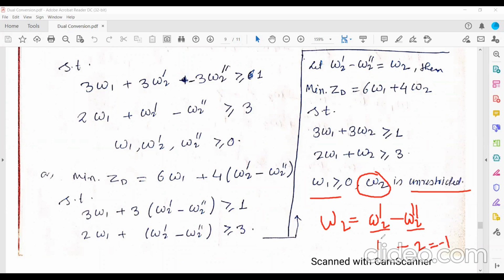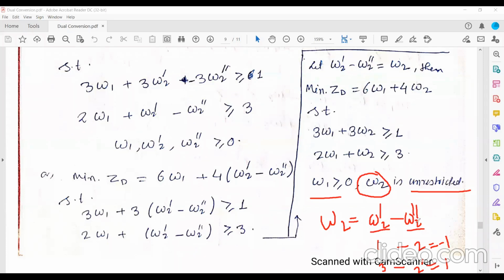And if I take W2 dash equal to 3 and W2 double dash equal to 2, then 3 minus 2 is equal to 1. So what are you getting? Both positive values I have taken, so you can't say that the difference of two positive numbers is always positive. It may be a negative number. That depends on how you are choosing.